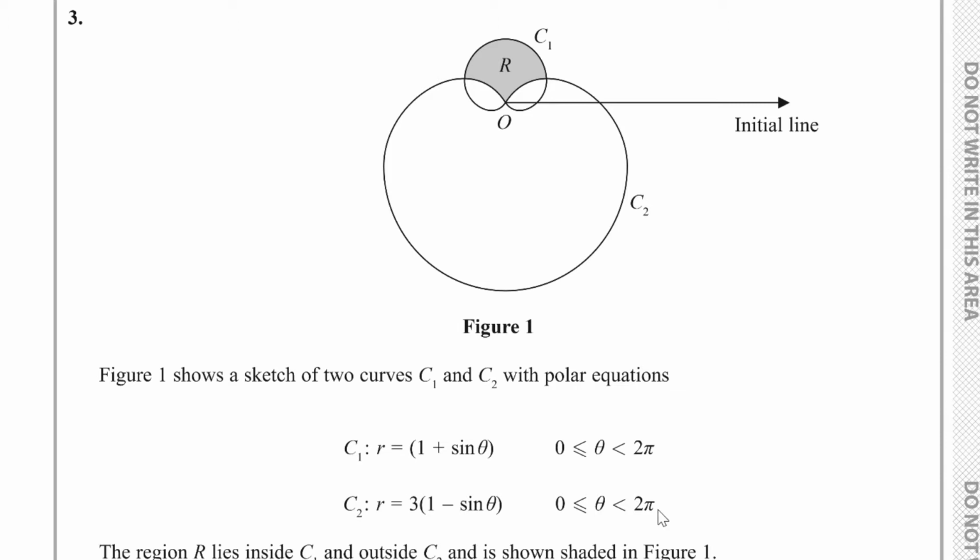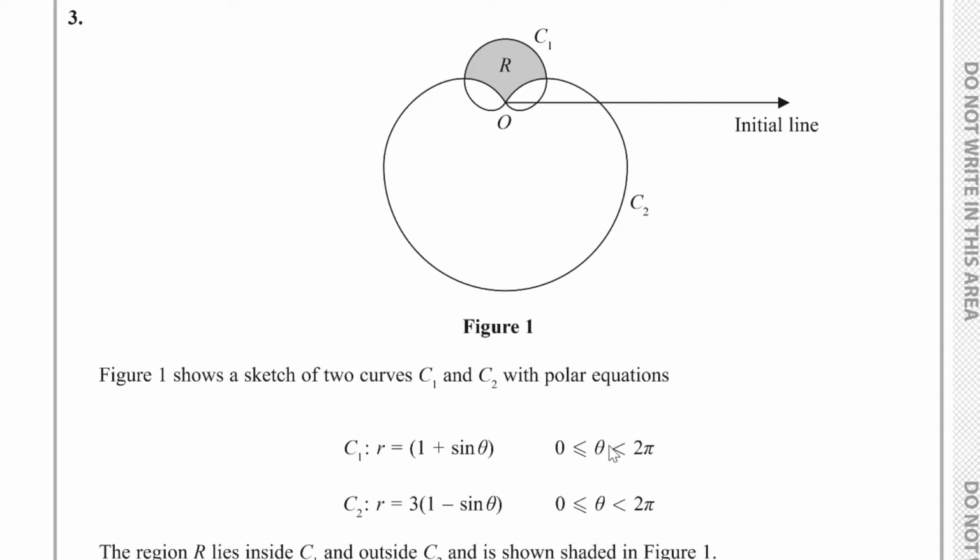Question number 3. We've got figure 1, which shows a sketch of the curves C1 and C2 with polar equations r equals 1 plus sine theta for C1 and r equals 3 lots of 1 minus sine theta for C2.